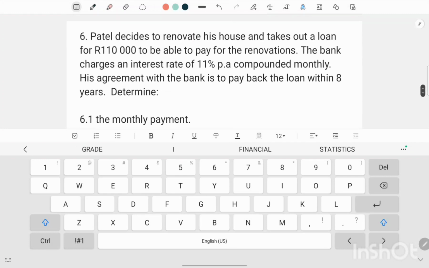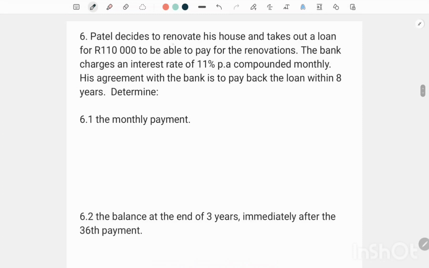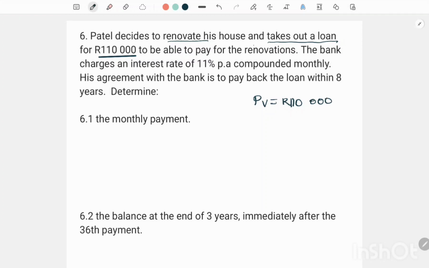Number 6, Patel decides to renovate his house and takes out a loan for 110,000 to be able to pay for the renovations. So this is your PV. Let me just write here. PV is 110,000.